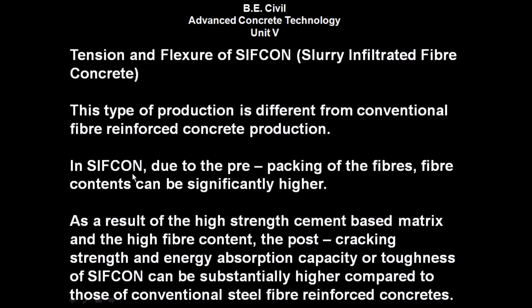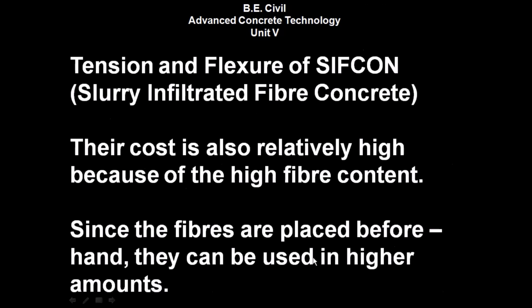In SIFCON, due to the pre-packing of the fibers, fiber contents can be significantly higher. As a result of the high strength cement based matrix and a high fiber content, the post-cracking strength and energy absorption capacity or toughness of SIFCON can be substantially higher compared to those of conventional steel fiber reinforced concretes.